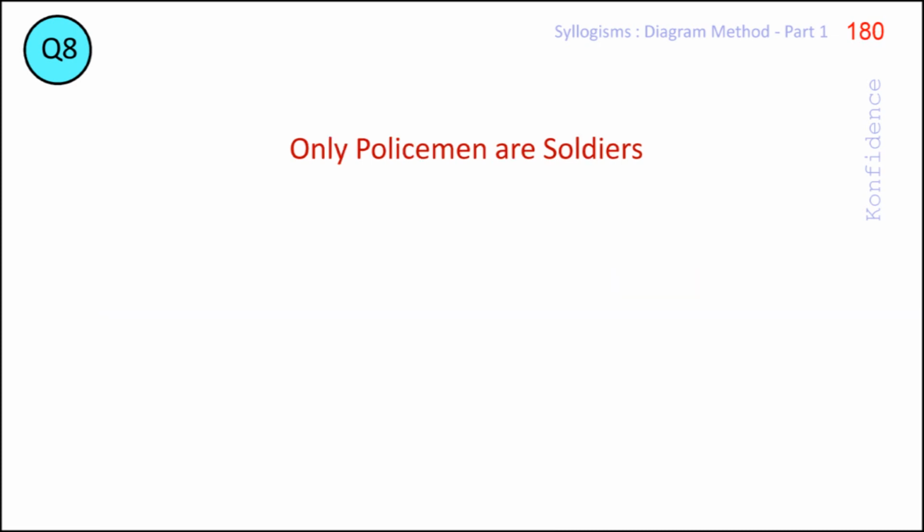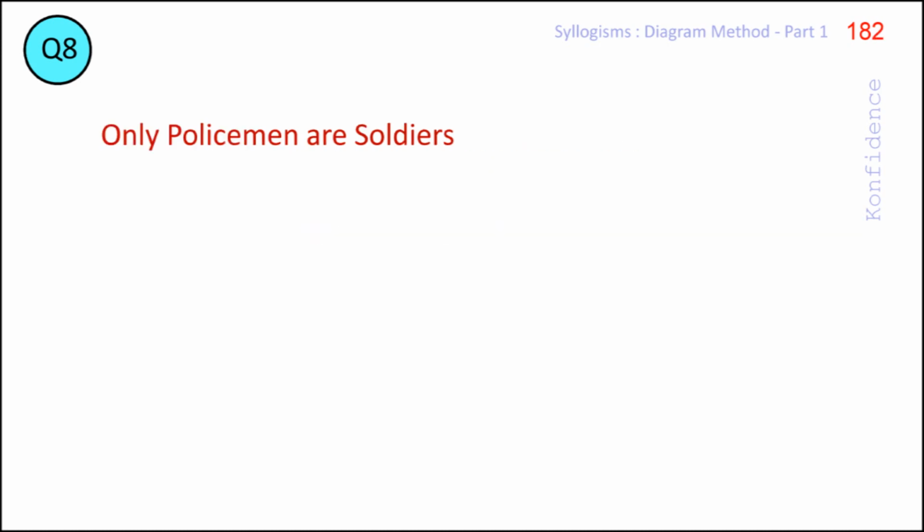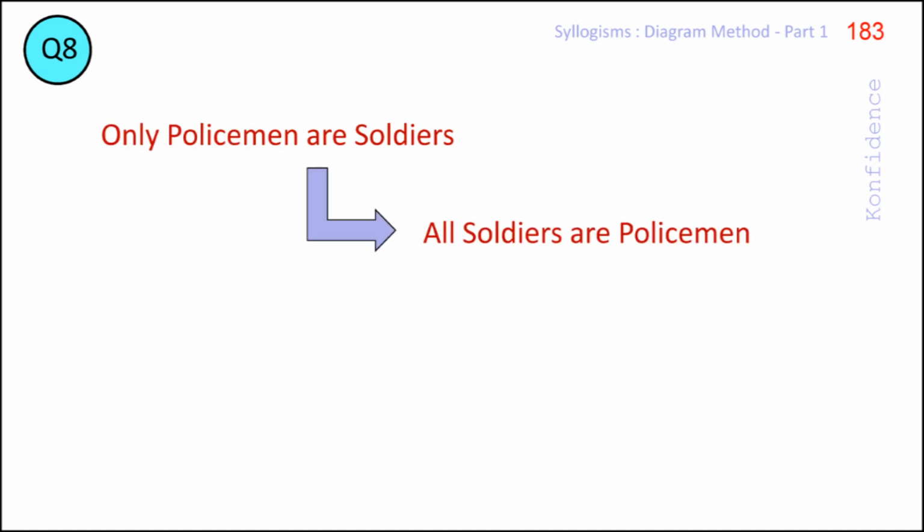"Only policemen are soldiers" means that to be a soldier, one has to be a policeman. Anyone who is not a policeman will not be a soldier. That means that the statement "only policemen are soldiers" is equivalent to "all soldiers are policemen".